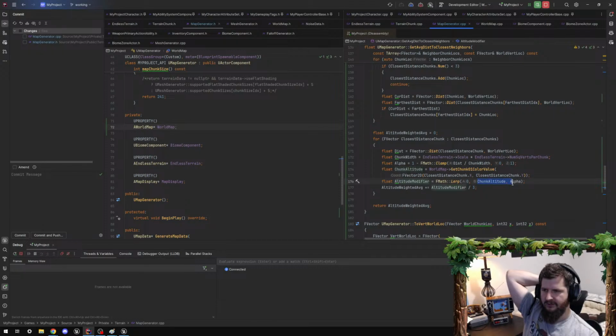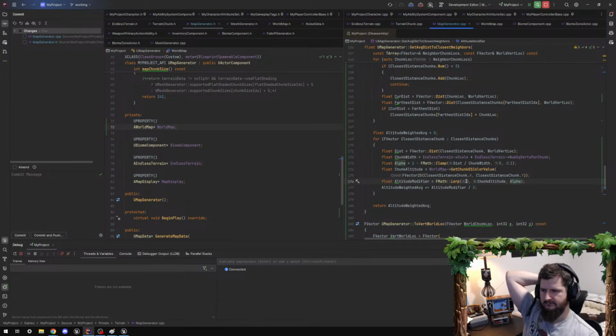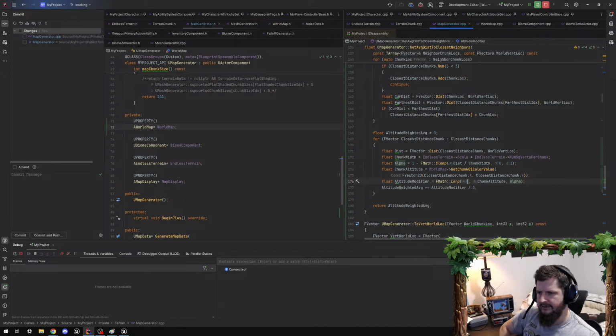What if I just did chunk altitude times alpha? I mean, is that the same thing? I guess the idea behind the lerp is that if A is not 0, then it would make more sense to use it.